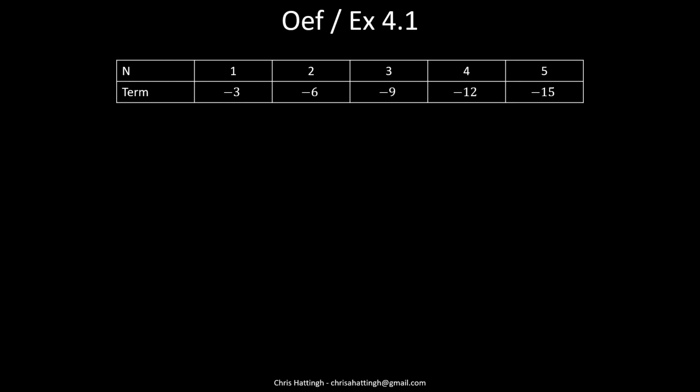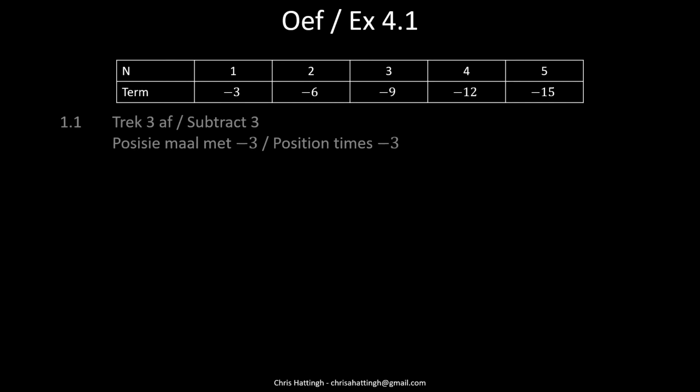Exercise 4.1, number 1. A sequence is represented in the following table. 1.1. Describe a rule you can use to find a term in any position of the sequence. So the first thing you need to look at is, what is the constant difference?